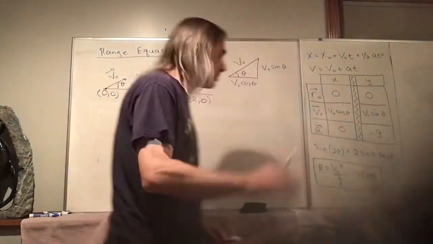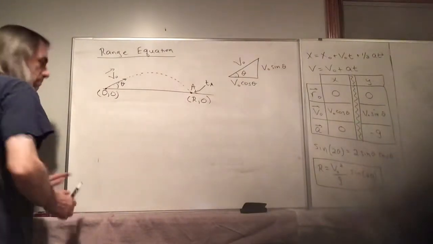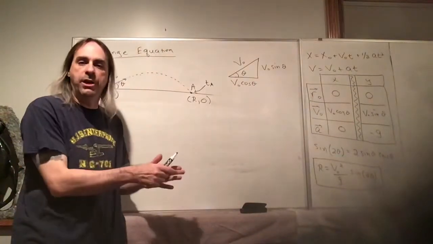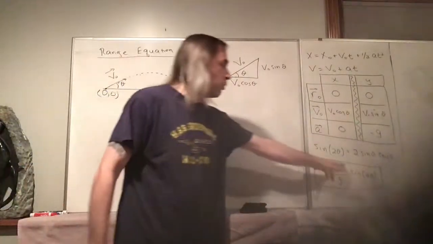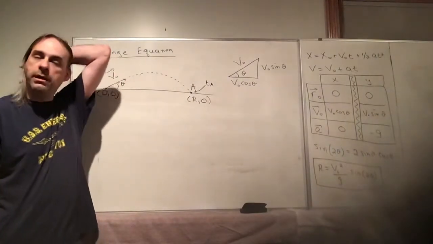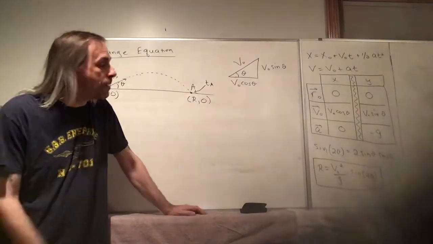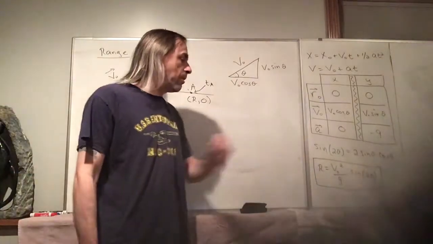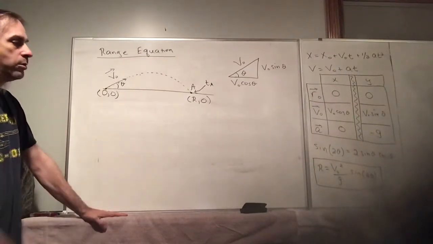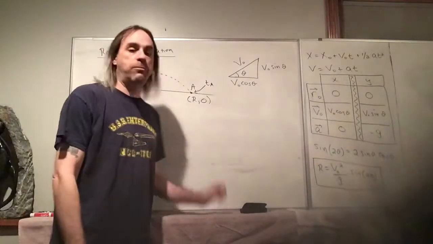I say that because students love having a problem where you look up the equation and you have all the right variables, and so you can just plug it in and get an answer. But you want to make sure you're using the equation properly, and it only applies to this one particular problem.